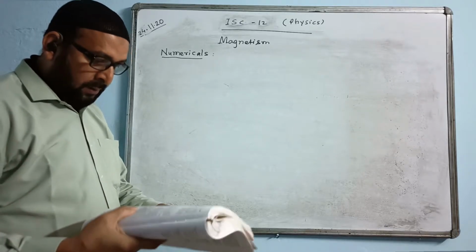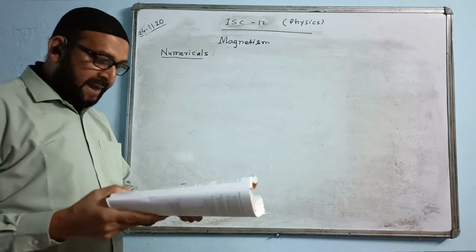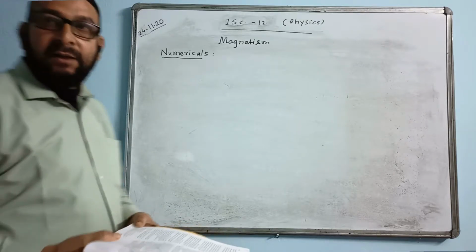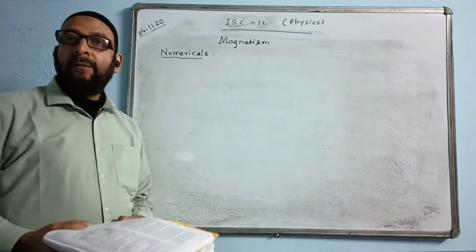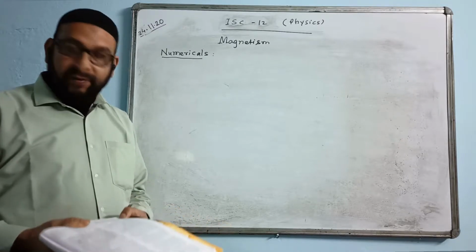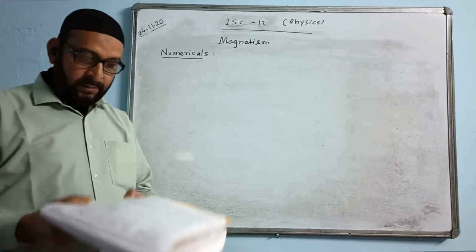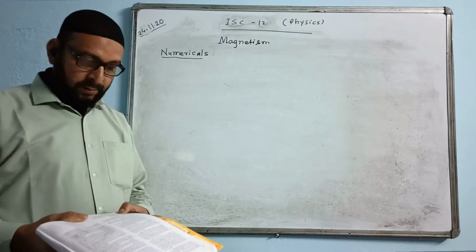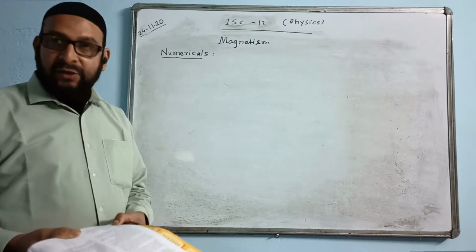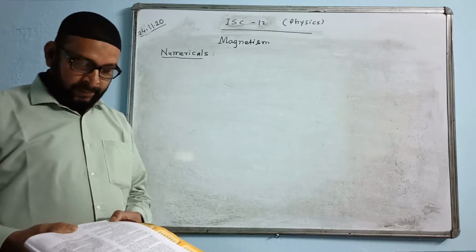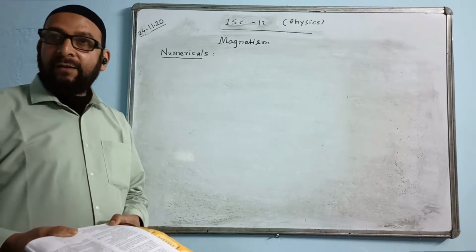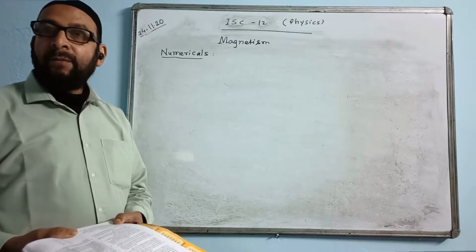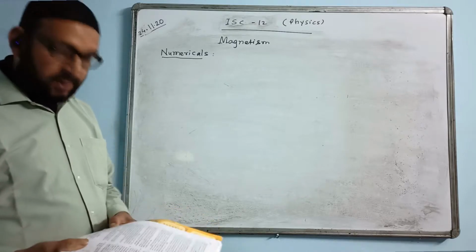Question says, what force acts on a 25 centimeter long wire carrying a current of 4 ampere, if placed perpendicular to a uniform field of 0.01 Tesla?